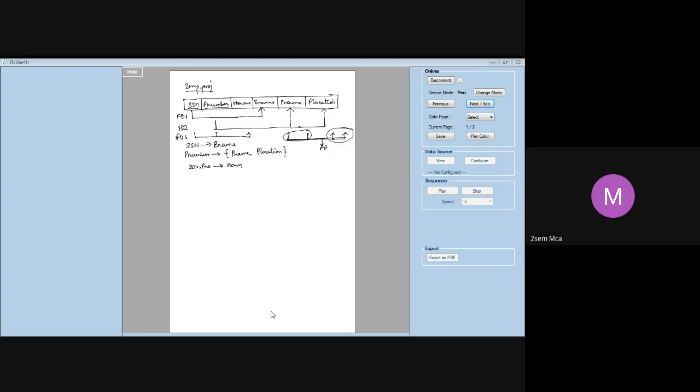Right. Now, this functional dependency is always semantic based. Semantic based means it depends on the domain, or it basically depends on the business rules or the business logic. That means you cannot write the functional dependency as and how you like.